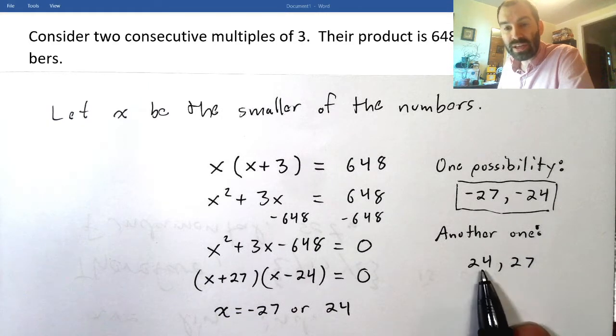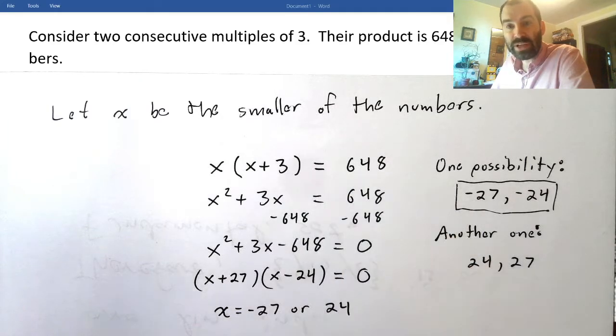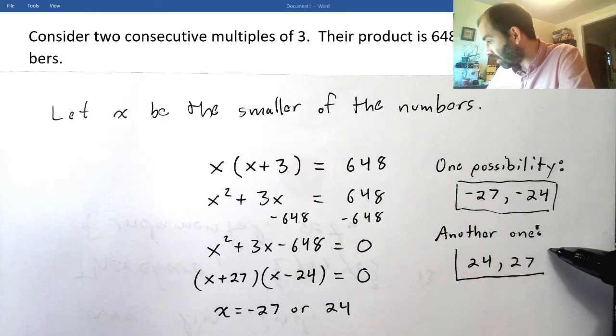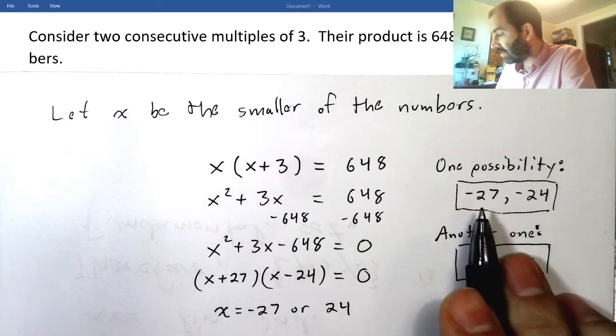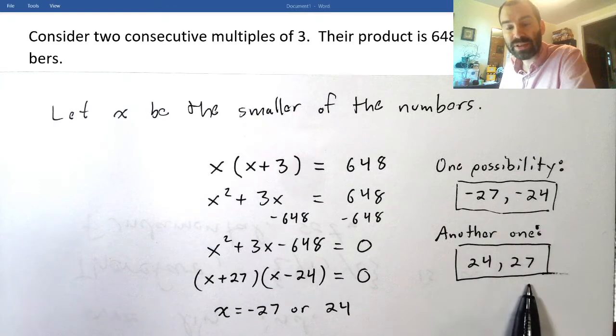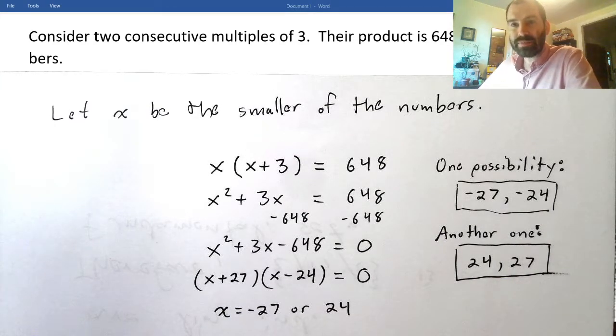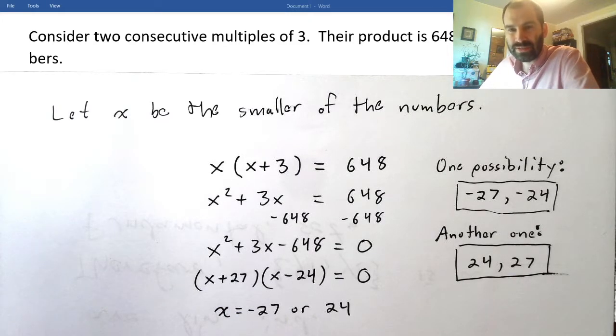These are two consecutive multiples of 3. Their product is 648, so they work. So that's another possibility. So there's actually two solutions to this problem. There's this pair of numbers, and there's this pair of numbers. Okay? So we did it. Congratulations, us. All right.